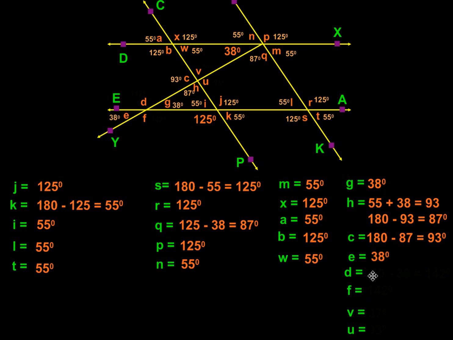Angle D is going to be 38 subtracted from 180 at 142 degrees. F is a vertical angle to D, and so it will also have 142 degrees. V up here is a vertical angle to H and would have 87 degrees. And lastly, U is a vertical angle to C and is going to have a congruent value of 93.